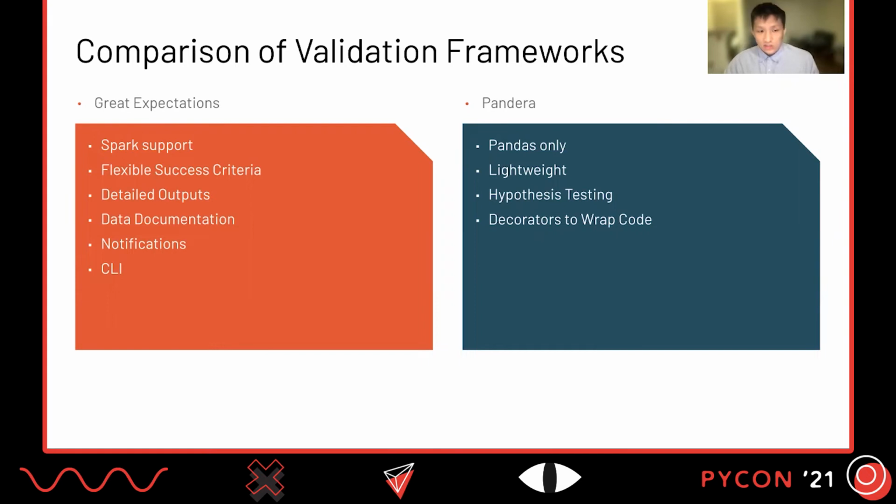The data documentation is certainly an interesting feature so that teams can be on the same page on what expectations the data failed in. And then there are also Slack notifications and other notifications that you can get if pipelines failed their data validation. You can also use the CLI to perform your data validations.